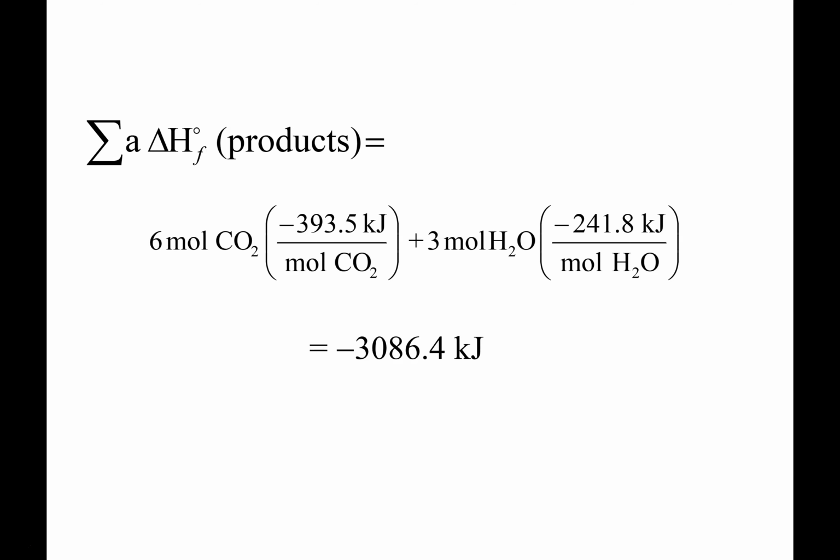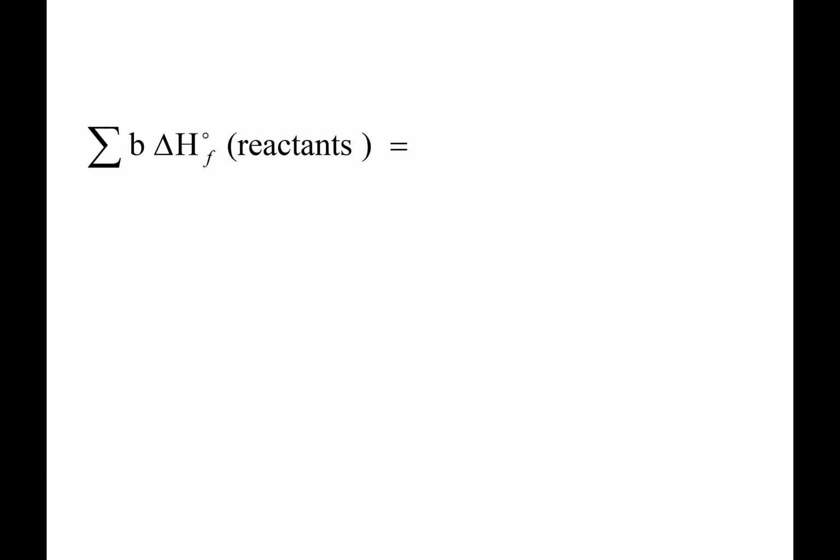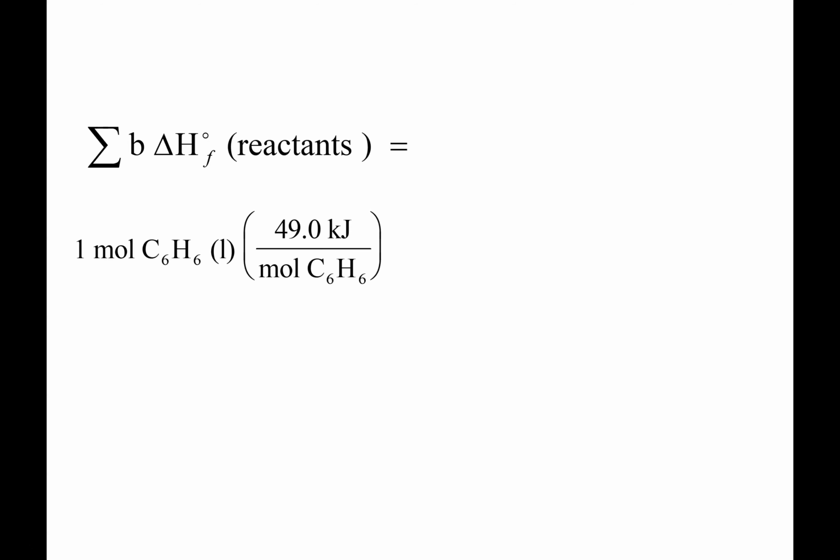Now I'm going to go for the summation of the reactants. So it looks like this. We have 1 mole of C6H6 times its standard molar enthalpy of formation, and sometimes I'll put a plus there, so I know it's endothermic, but times positive 49.0 kilojoules of energy per mole of C6H6.